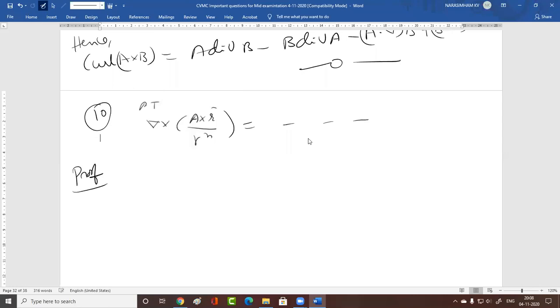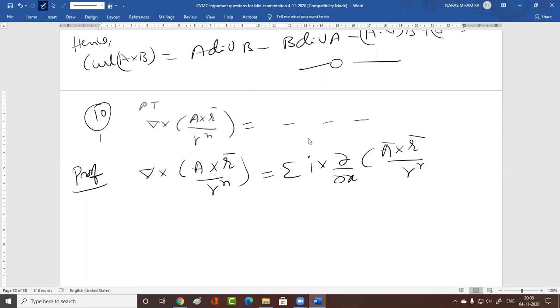So first, del cross A bar cross R bar by R power n. Del cross is nothing but curl. Curl in sigma notation is sigma i cross dou by dou x of A bar cross R bar by R power n. Okay. Now first find the derivative using the U by V rule.